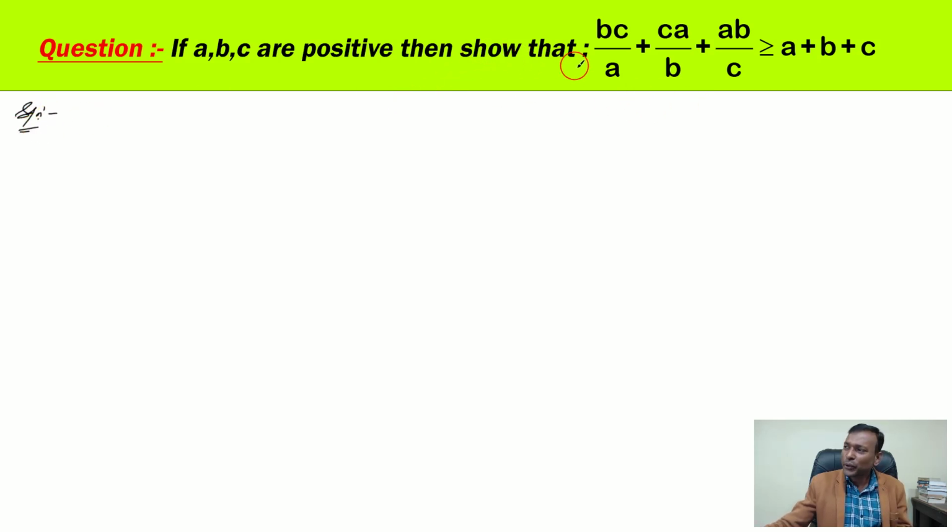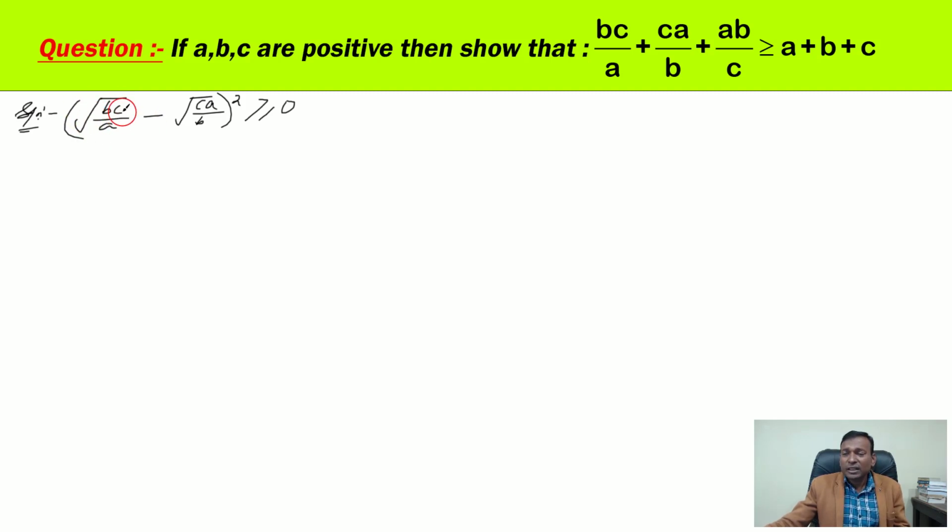In this problem you can see BC by A plus CA by B plus AB by C. So how to get these terms? To get them, we will take square root of BC by A minus square root of CA by B, whole square, greater than or equal to 0.